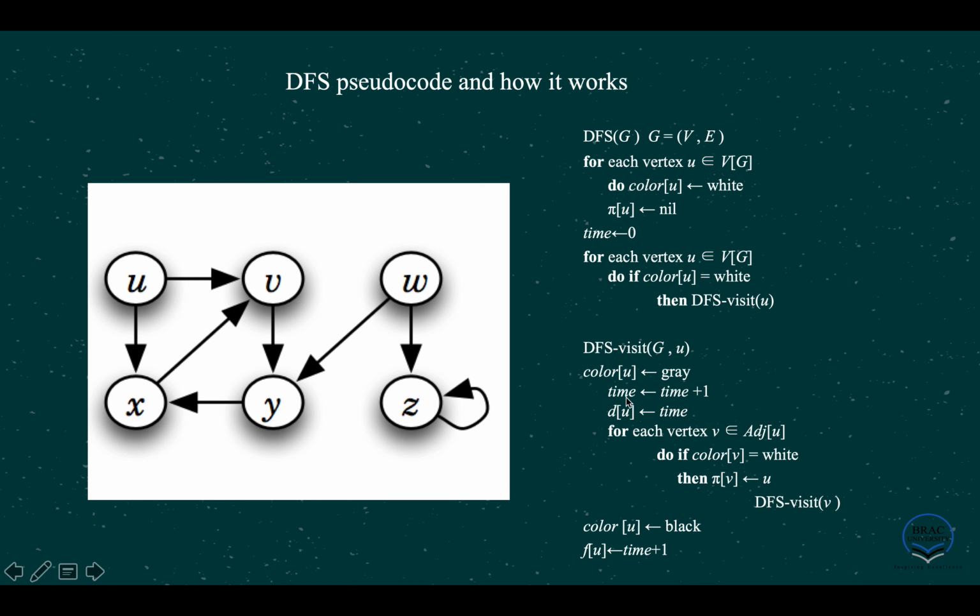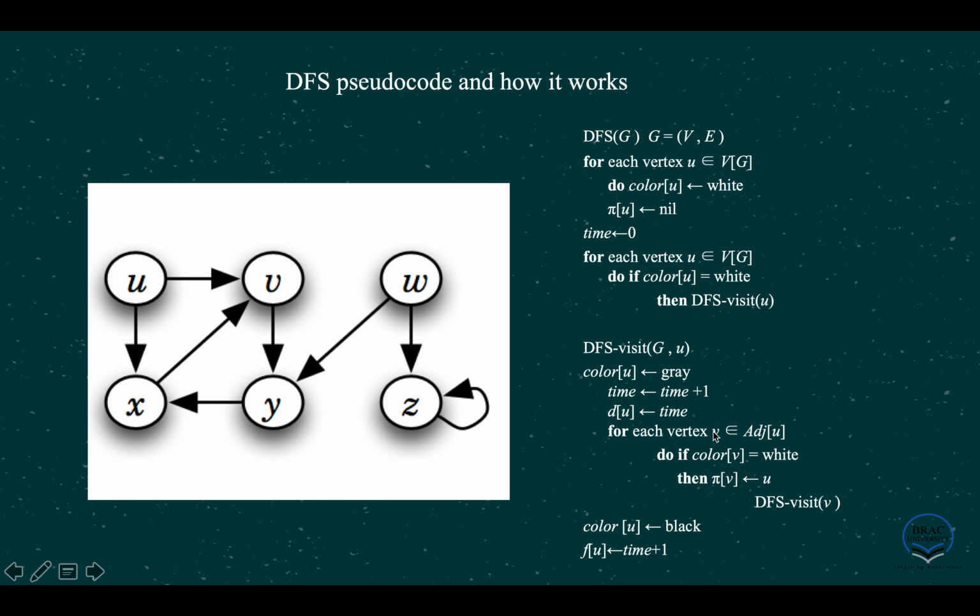The time is incremented by 1 because we just discovered it, so we add 1 to whatever the time was previously. Then the discovery time of U, d[u], is assigned the time, so we have the time of discovery for this vertex u.